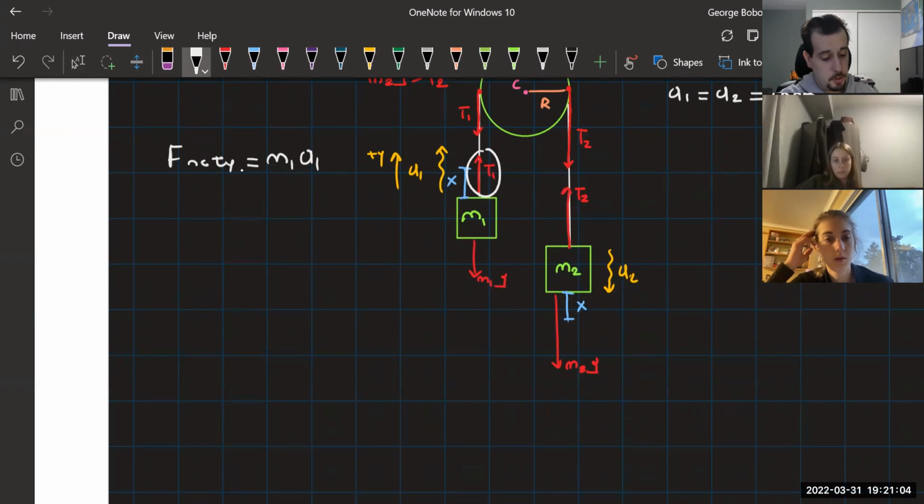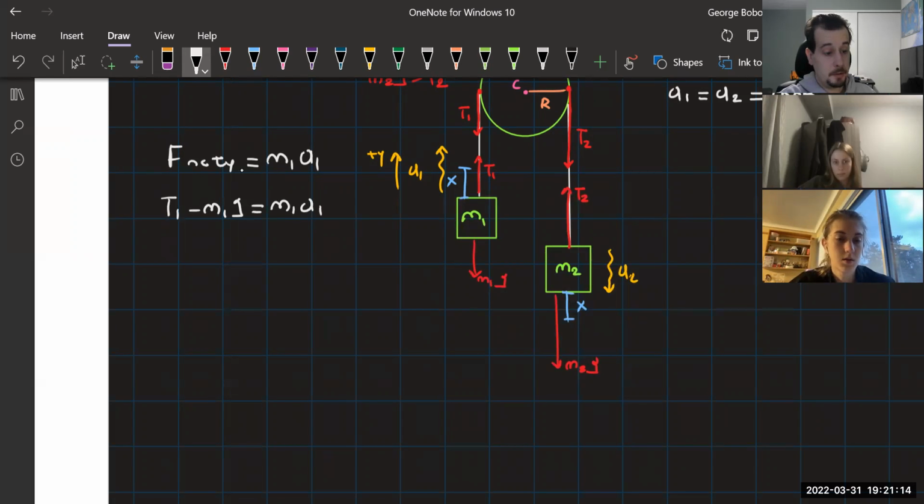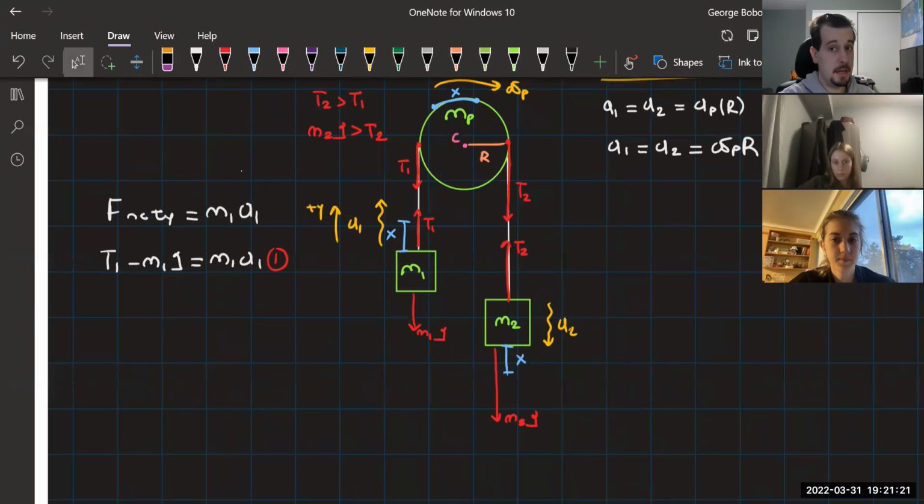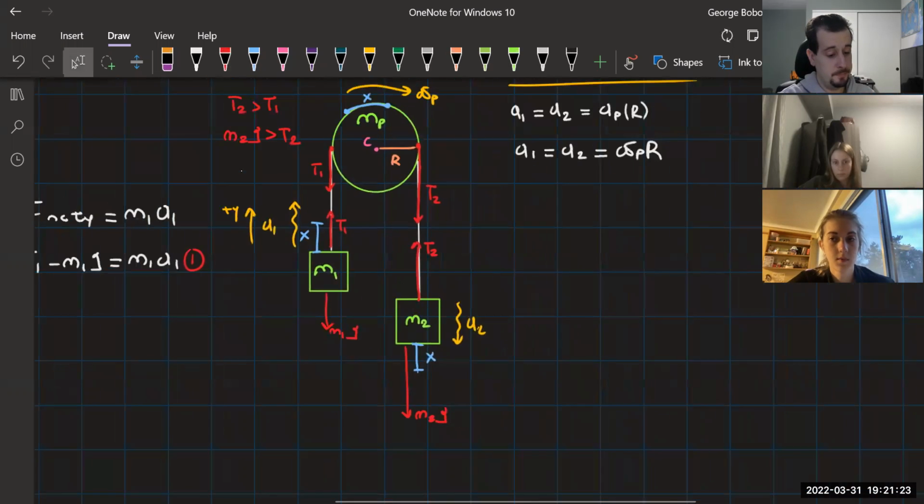Which of these forces is positive? The T1 is positive. The mass 1 gravity is negative. Okay. Let's leave that for now like this. We'll come back to it, but that's basically the dynamics of M1, done and done.